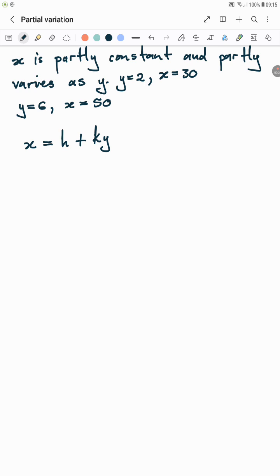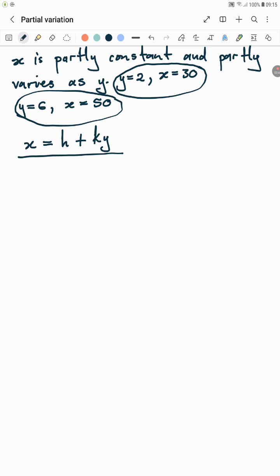So this is the relationship between x and y, which are the variables, and h and k, which are the constants. So we are going to use the two pairs of values that we have been given to solve and find the value of h and the value of k.